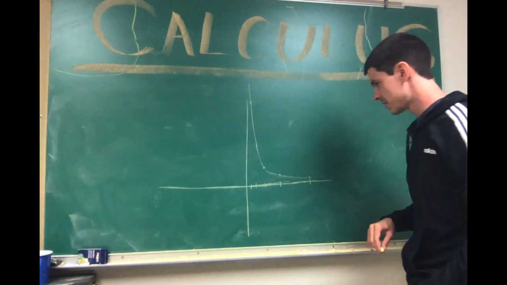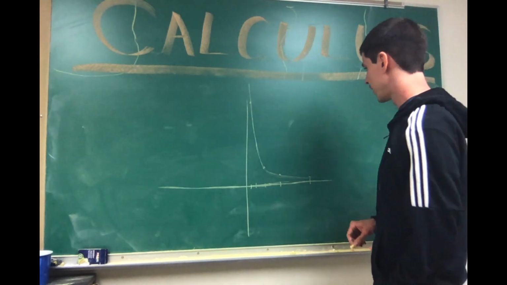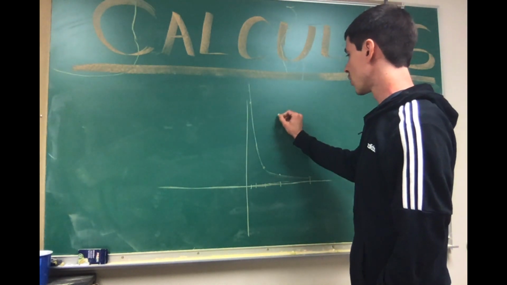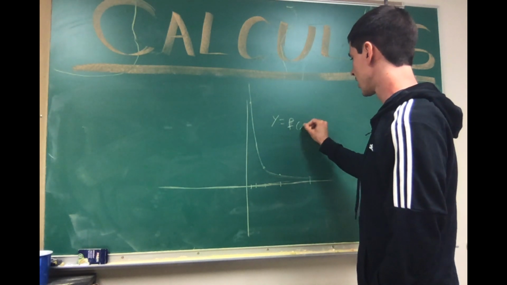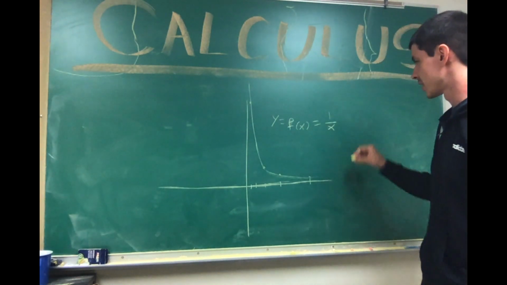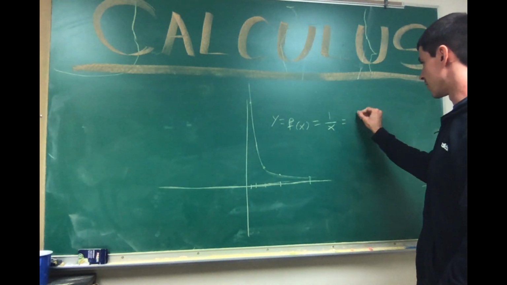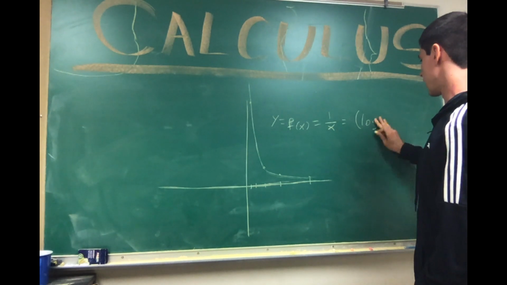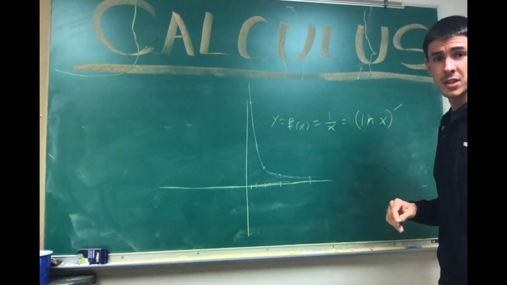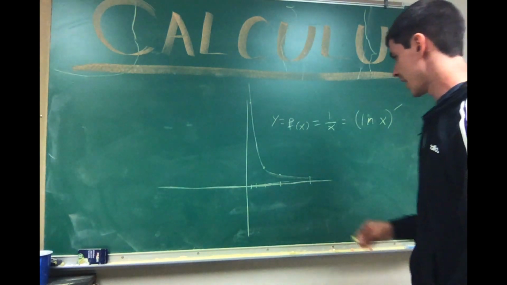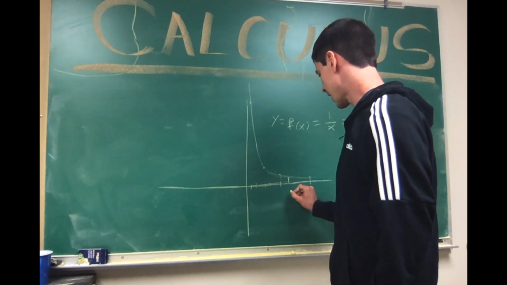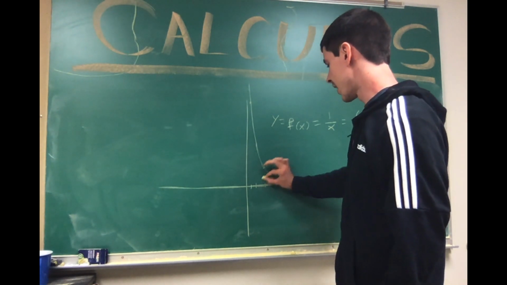So we want the area under this curve. This is y equals f of x equals 1 over x, and this is, of course, the derivative of the natural log, ln x. So this area, the area up to this point x0, we fill in the area here.